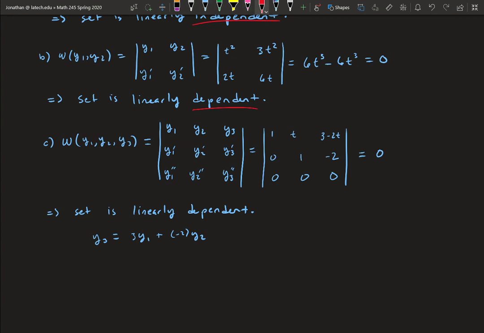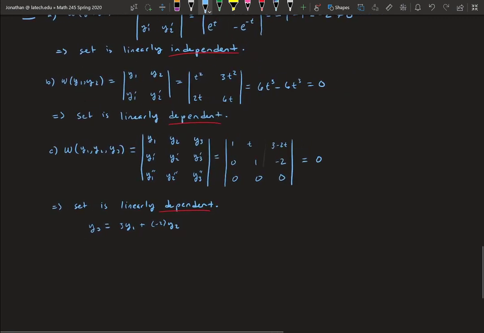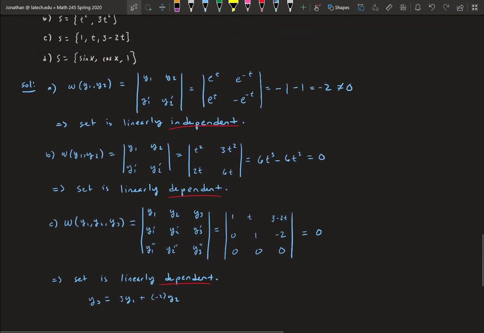So they're linearly dependent. I can write y3 in terms of y1 and y2. So that means they are linearly dependent, because I can write one of the functions in terms of the other function. They're not fundamentally all different from each other. One of them is a combination of the other two.